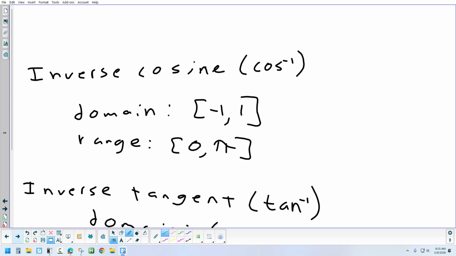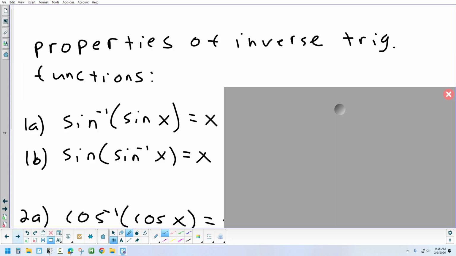So what was the highest and lowest x value we could pick and still stay inside that box for sine? Yep. That would be, that's the y value. Negative pi over 2, and then pi over 2. Yes.